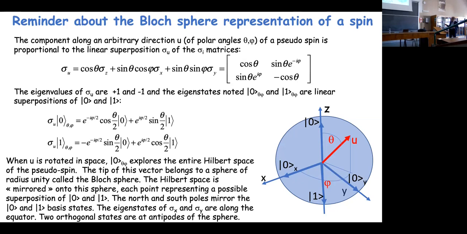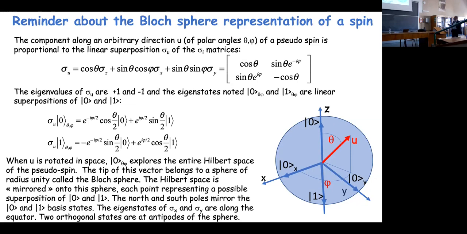If you define a direction by the polar angles theta and phi, you can define the Pauli operator along this direction as a superposition of sigma z, sigma x, and sigma y. You get a 2 by 2 matrix which describes the component of the spin along this direction.